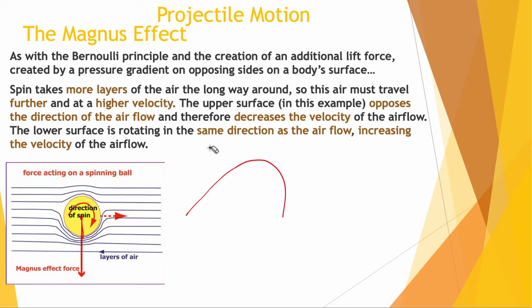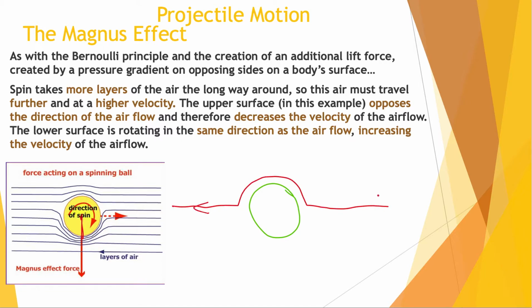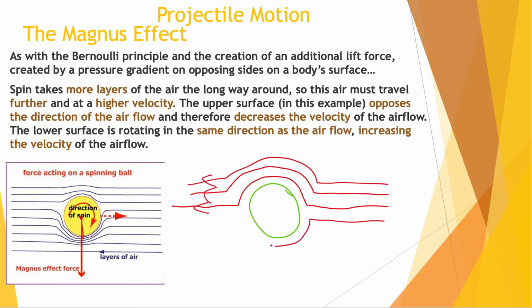Okay, so let's have a look at some airflow. I was just going to draw one because we're thinking about now pulling more layers of the air. So if we drew a tennis ball without any spin, I would draw 3 layers of air, probably here, travelling above the ball, and 3 layers of air then travelling below the ball.